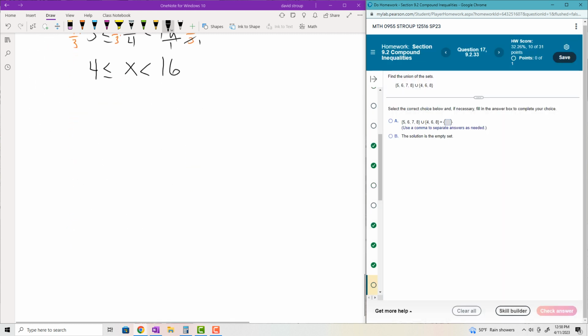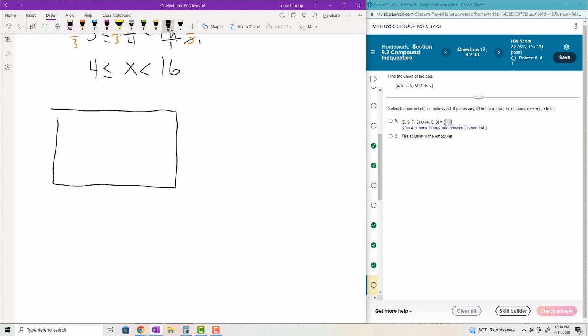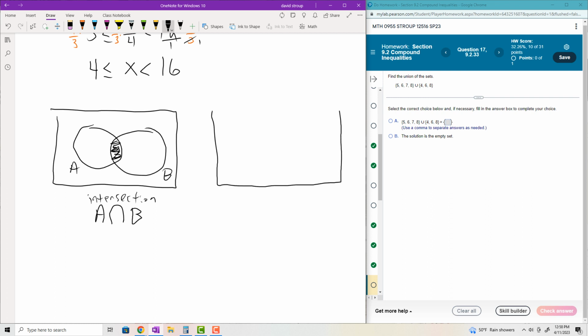Okay, and now we're on to unions. So with unions, the picture is kind of like, so before with the intersection, if you had two blobs, the intersection would be the overlap, right? So this is the intersection, and we have A and then B, so we would label that A intersect B. For union, you're basically just taking everything that's in either one of them, or in the intersection.